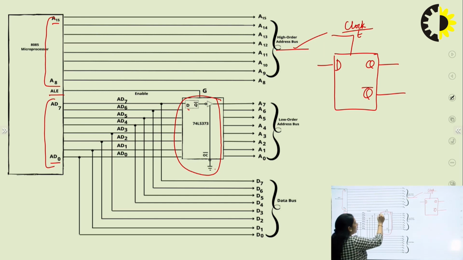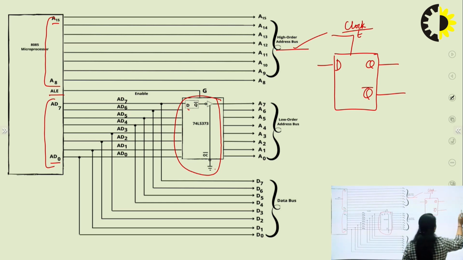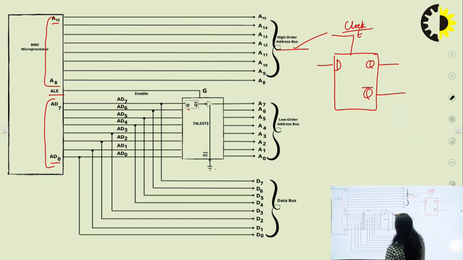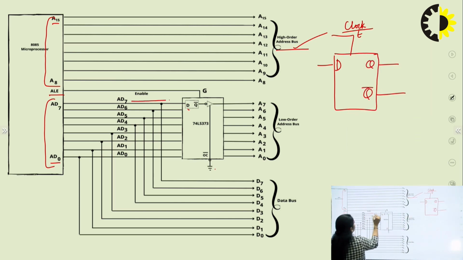This particular arrangement is for all the 8 lines. For one line it is shown here, only for AD7 to AD0. AD7 is the input to the D flip-flop, the enable pin is 1, the ALE is 1 here. Then what will happen? The D flip-flop is active, it will take this AD7. Suppose at AD7 it is 1, so 1 will be at the input, at the output it will be inverted, Q bar is there, so it will be 0.